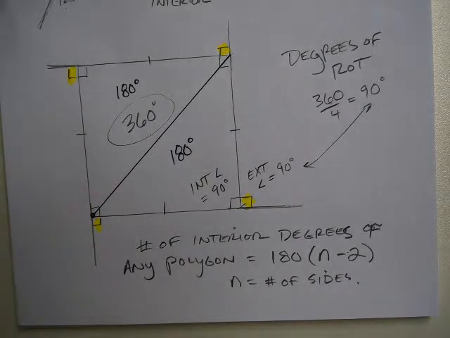The number of triangles that you can make in any shape is always 2 less than the number of sides.